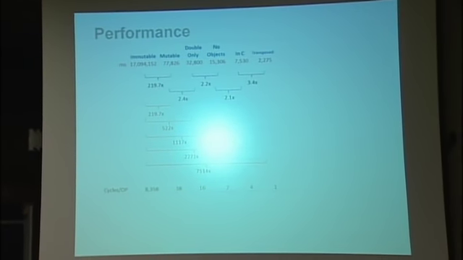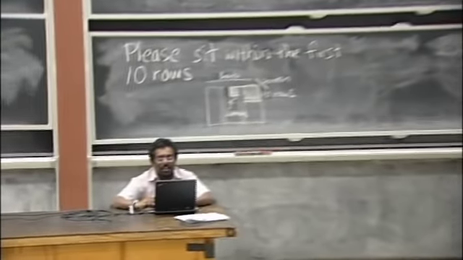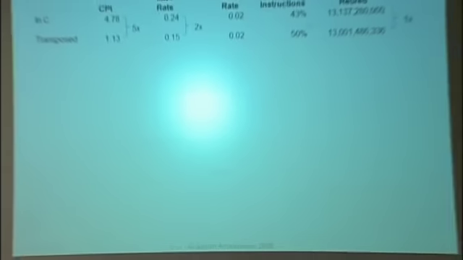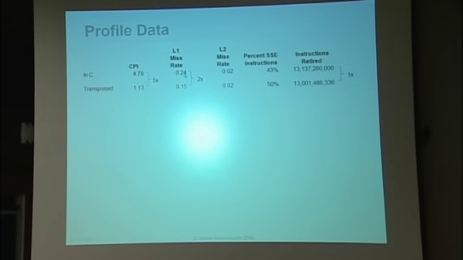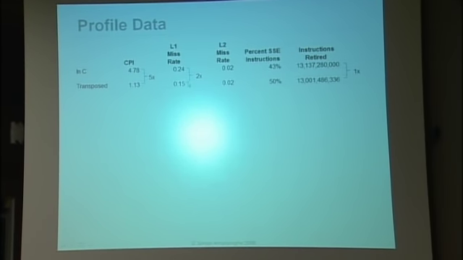But modern superscalars can actually do better, so we can end up even better. So let's see. Here's the interesting thing. Now I look at my transpose part. The number of retired instructions is more or less the same. The number of SSE instructions is more or less the same. I have a 2x improvement in my L1 cache miss rate, but more than that I have a 5x improvement in the CPI.